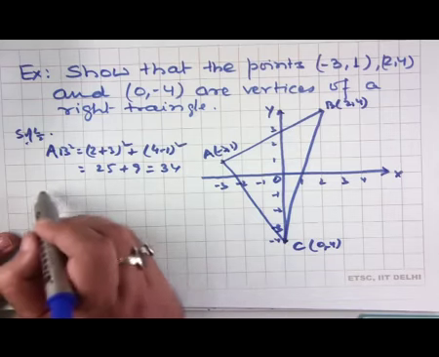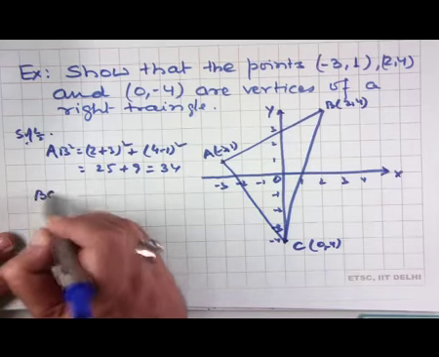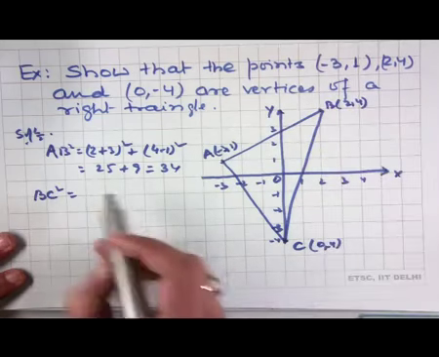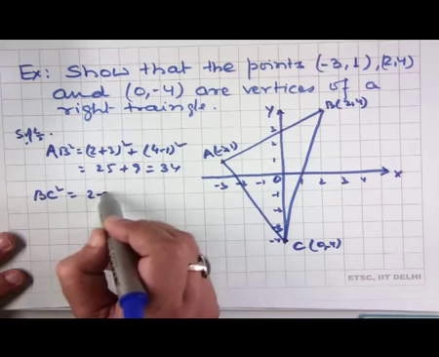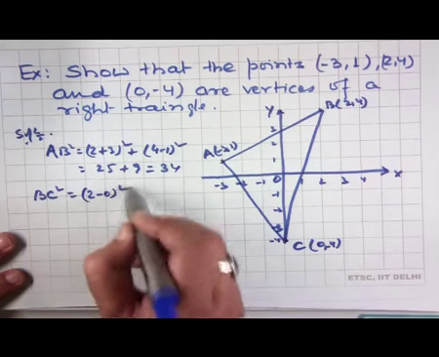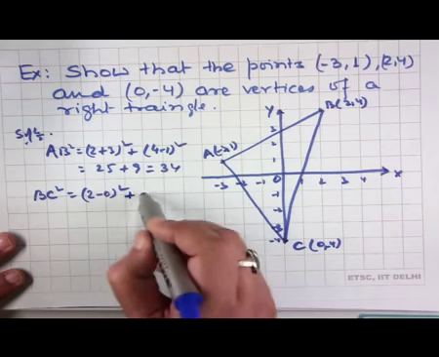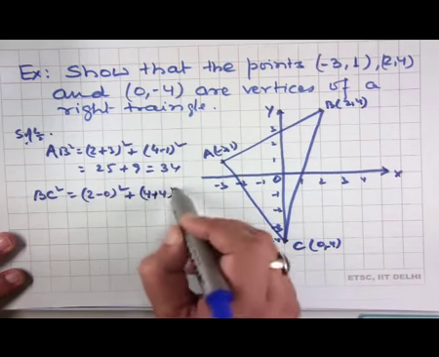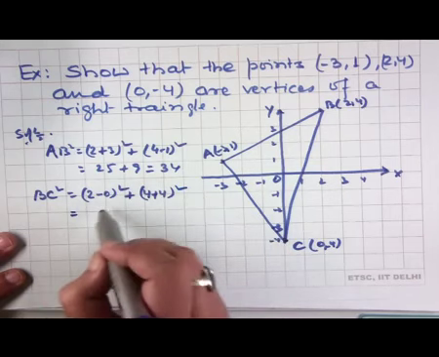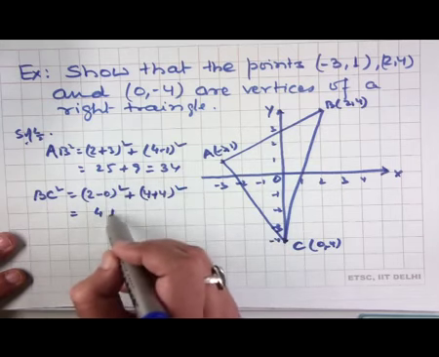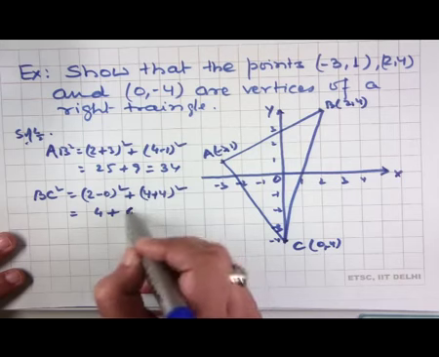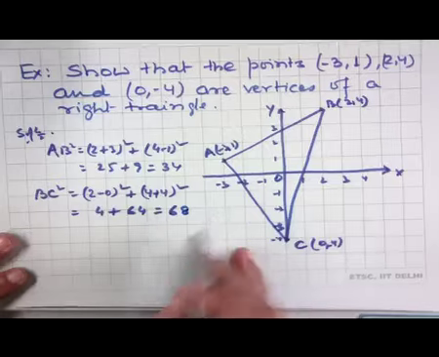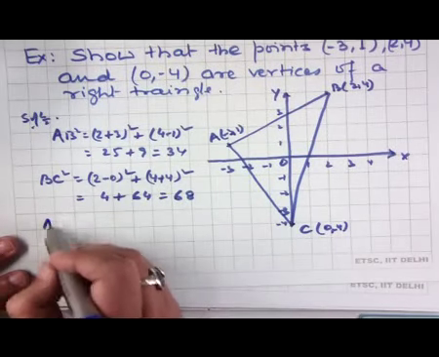Again BC square is equal to (2 minus 0) whole square plus (4 plus 4) whole square. So this is 4 and this is 64. So this is 68.